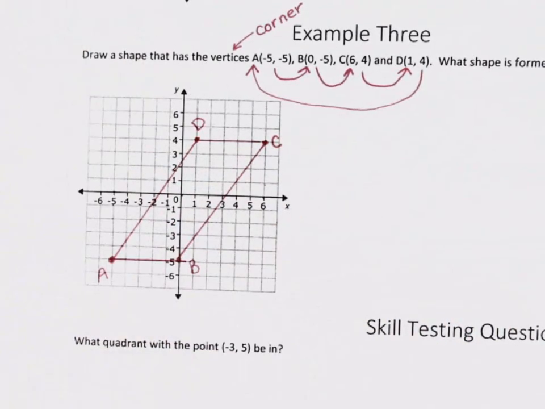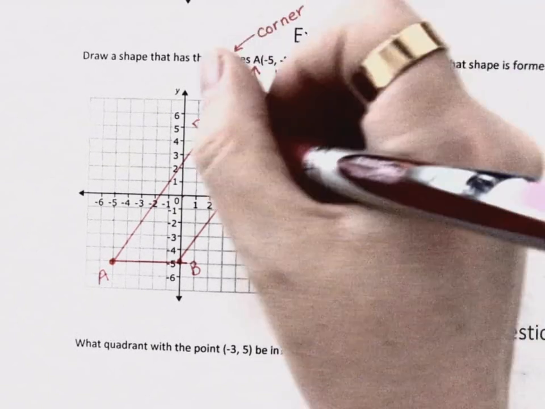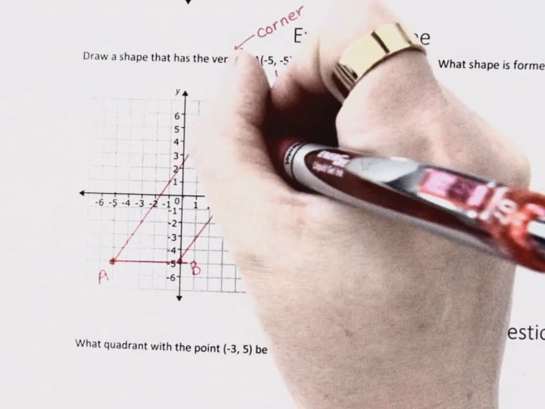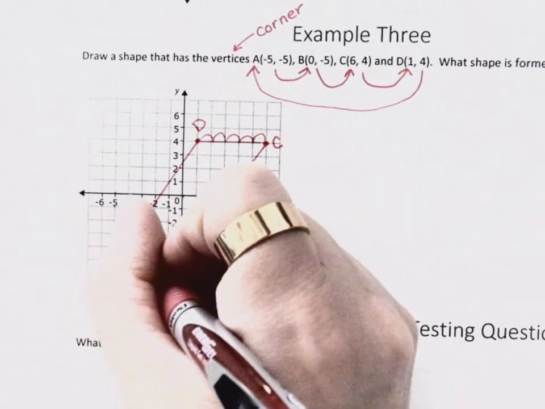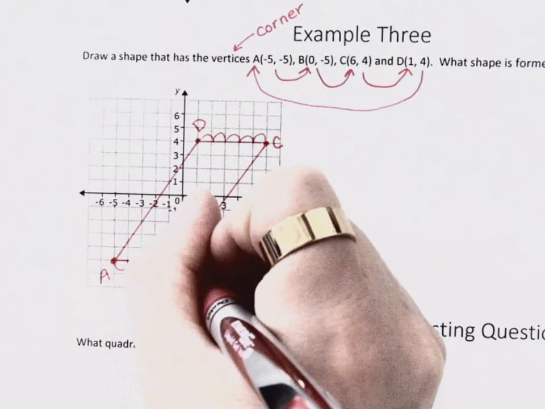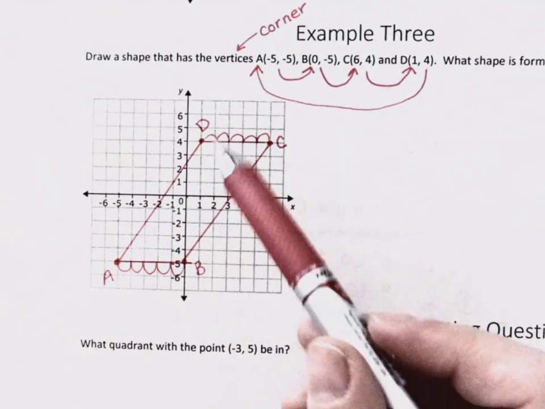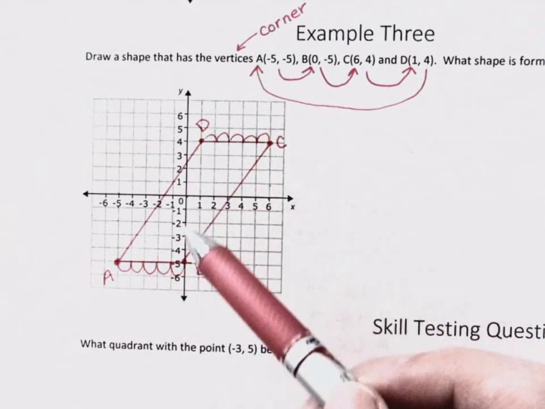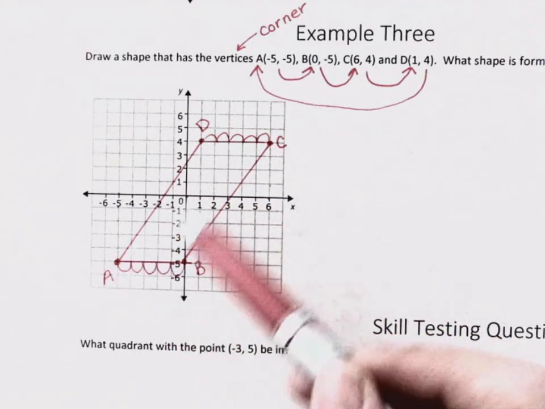All right. And what shape is formed by these 4 vertices? I hope you're all yelling out that it is a parallelogram. I don't know if you guys noticed, but this is 1, 2, 3, 4, 5. And this is 1, 2, 3, 4, 5. These have the exact same length. We can do that with Pythagorean theorem if we want to figure out the slanted sides of it.